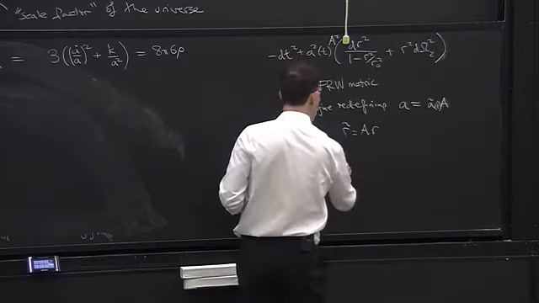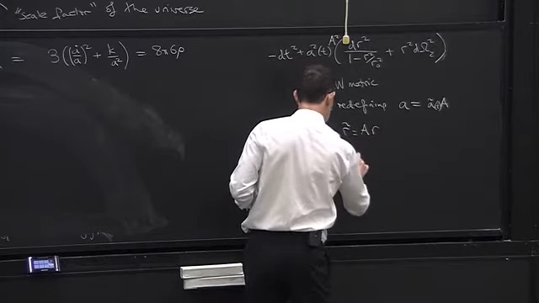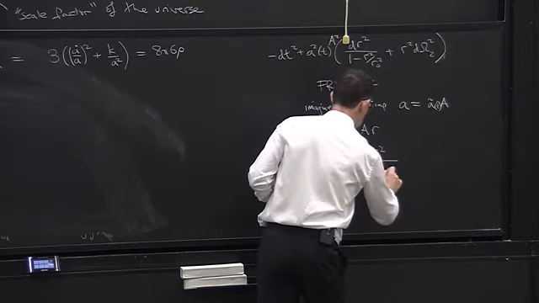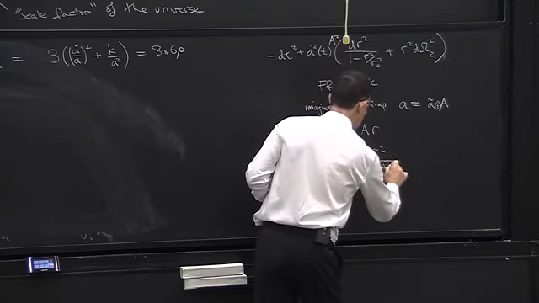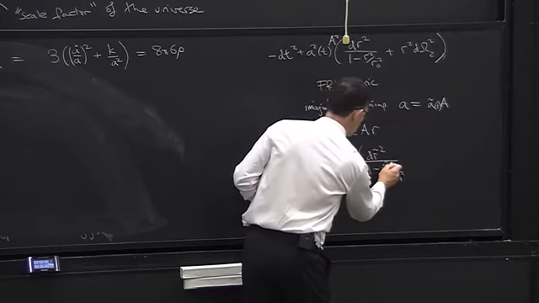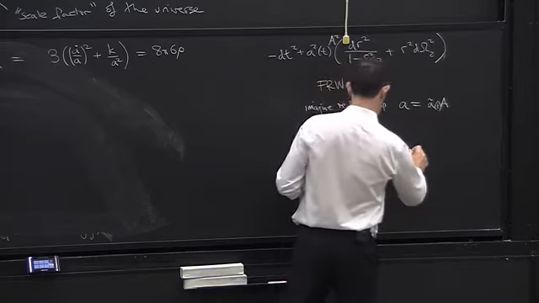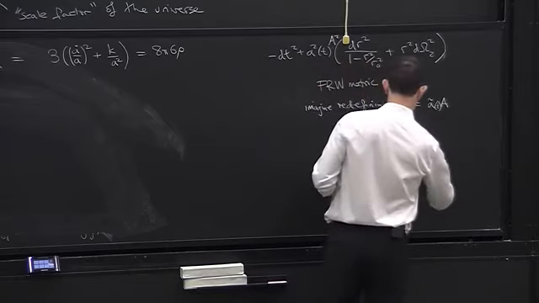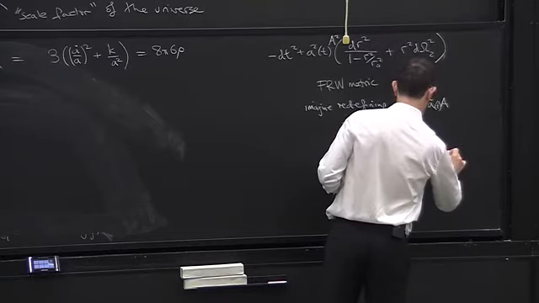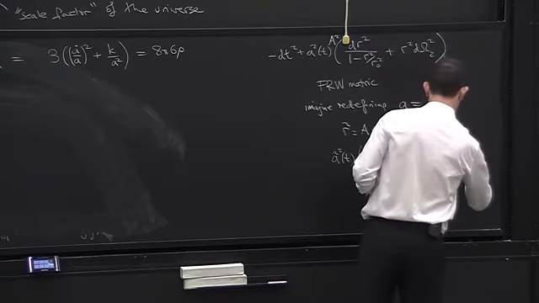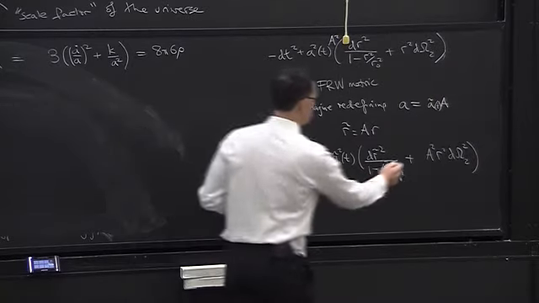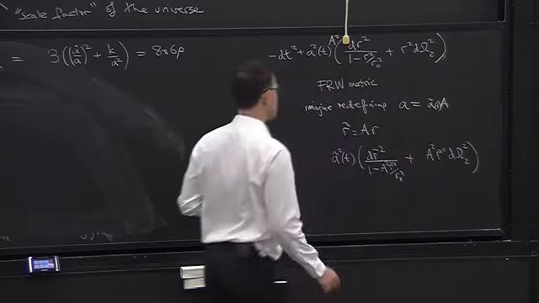And now I would define my metric to be a twiddle squared of t, dr twiddle squared over 1 minus a squared r squared over R0 squared, twiddle squared, plus a squared r squared d omega squared. R twiddle, thank you.